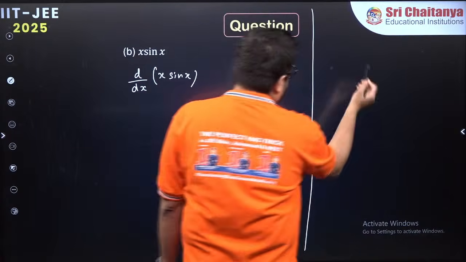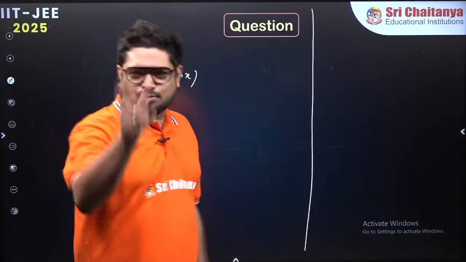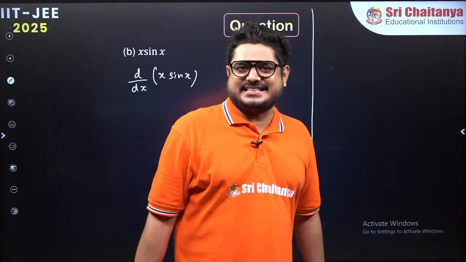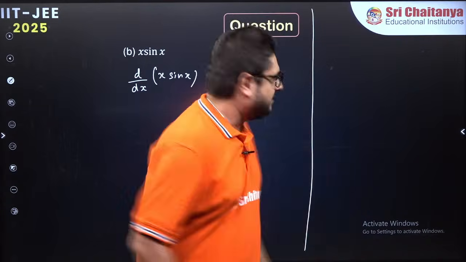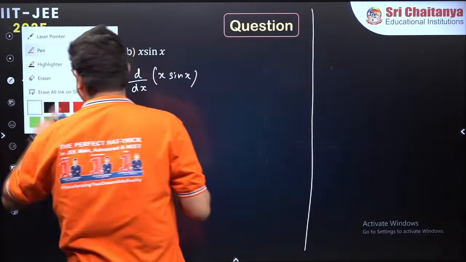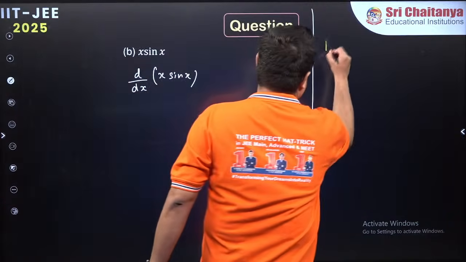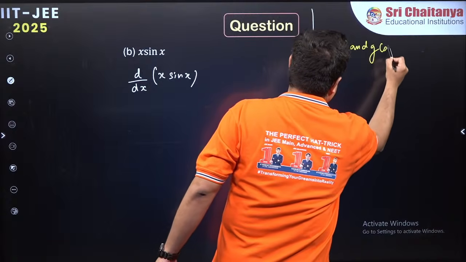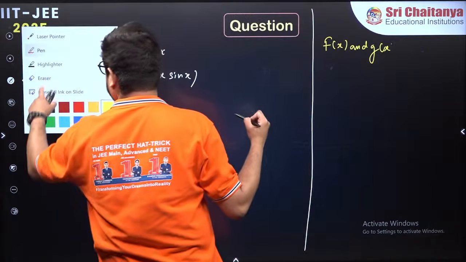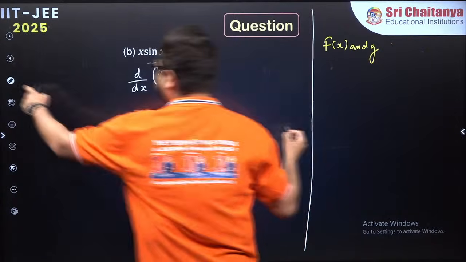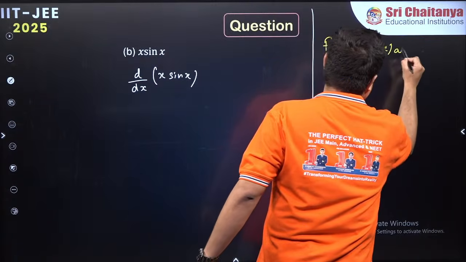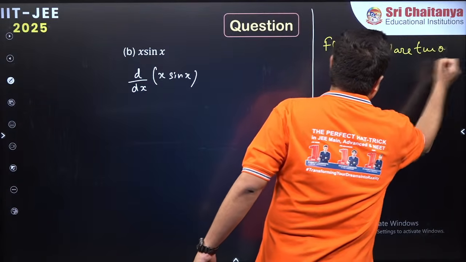So now once again we are coming back to those two functions. We are having two functions, f(x) and g(x), isn't it? Once again we are having those two functions, f(x) and g(x) are two functions.